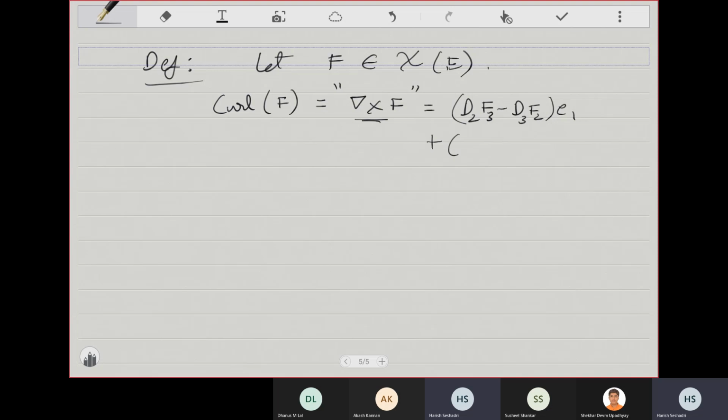D3 F1 minus D1 F3 times e2, plus D1 F2 minus D2 F1 times e3.